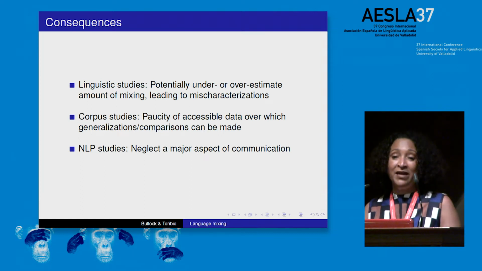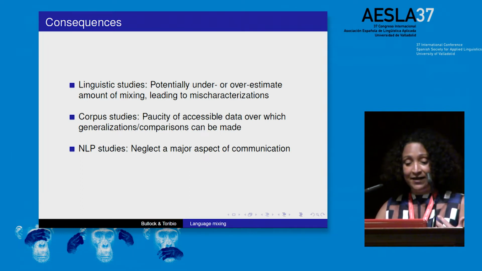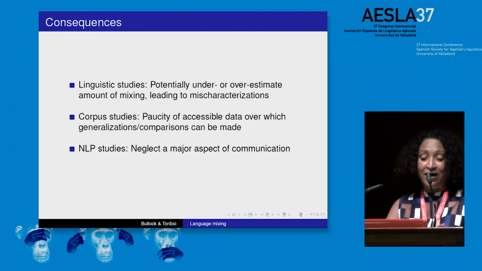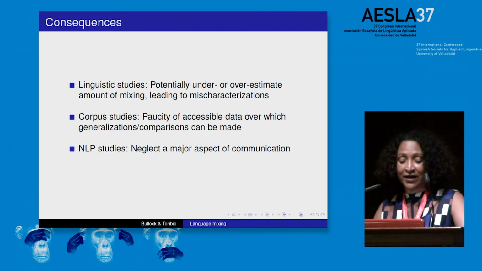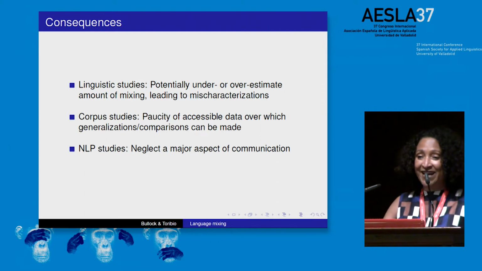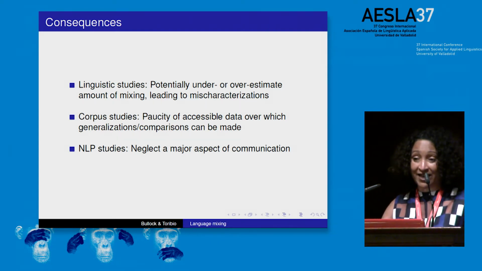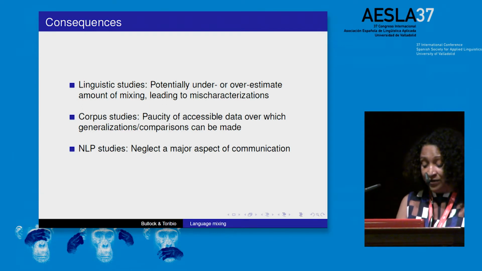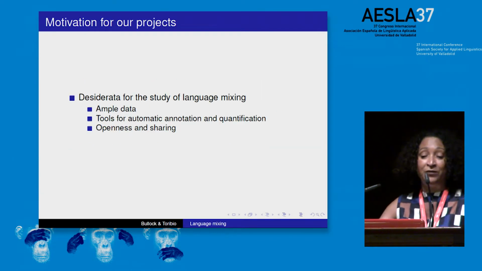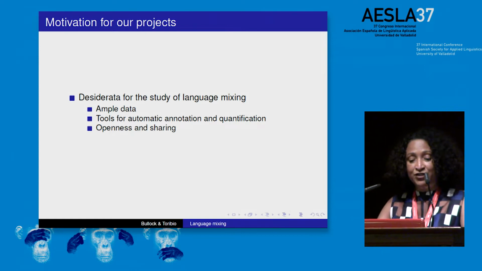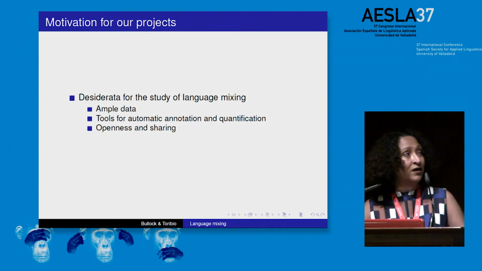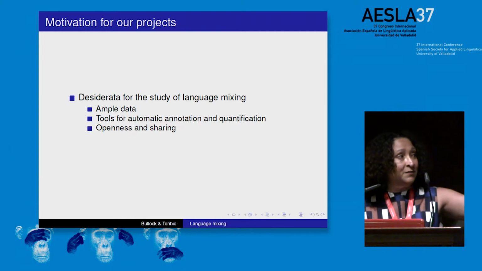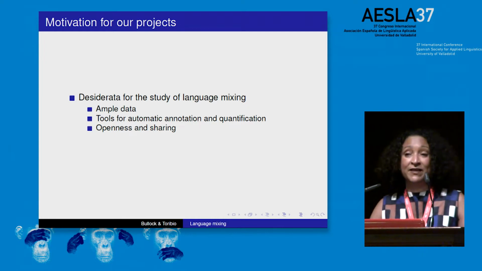Okay, again, many of these data sets that are collected are privately held. And then finally, for NLP studies, here we're neglecting a major aspect of communication, which is bilingual communication, right, where you alternate freely between your languages. So the motivations for our projects really are to respond to these desiderata for the study of language mixing.